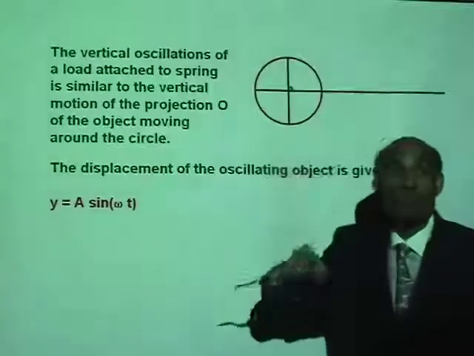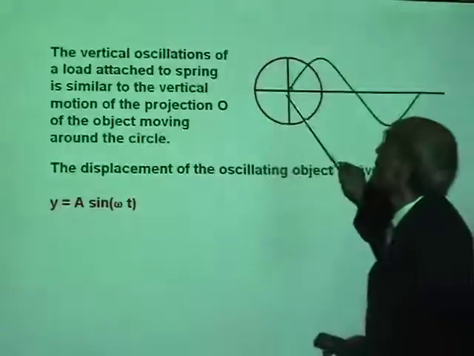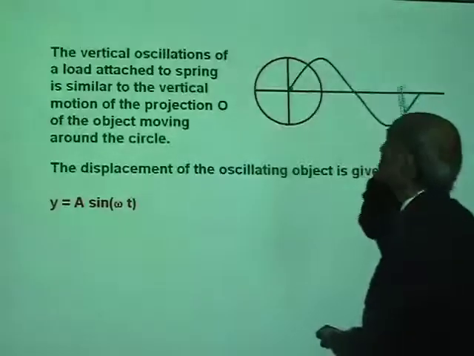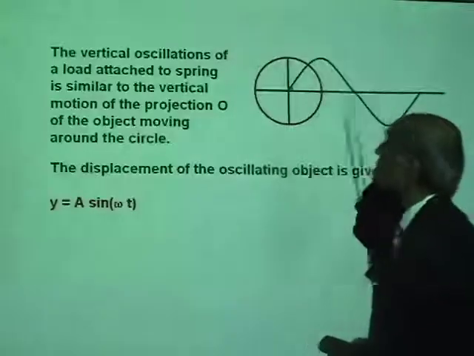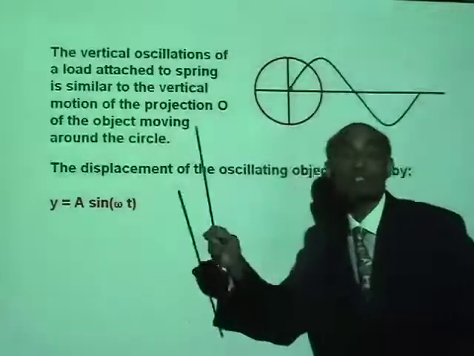That is one full cycle, and the graph of the displacement will be a sine graph. So this graph represents the variation of the displacement.